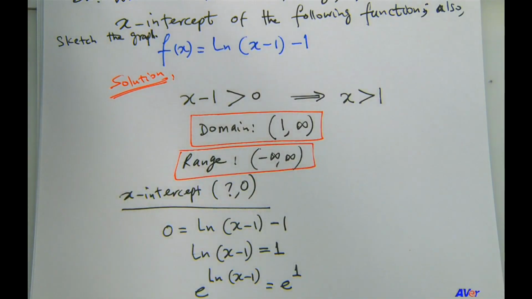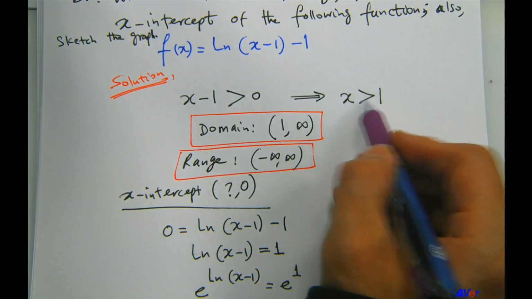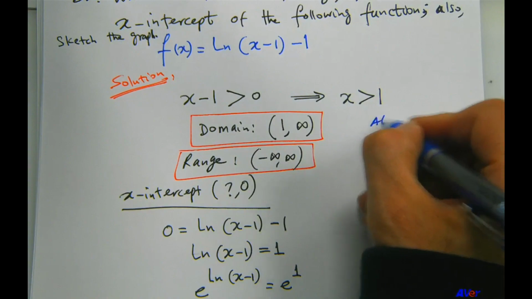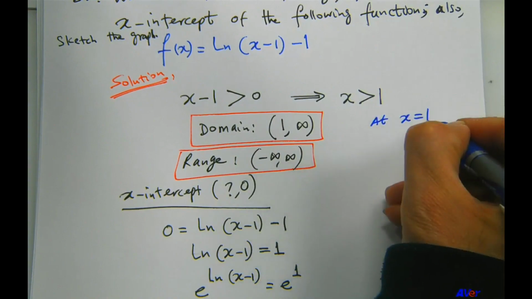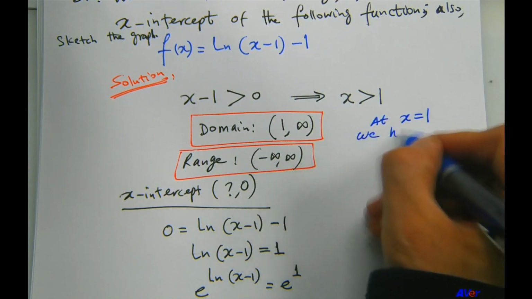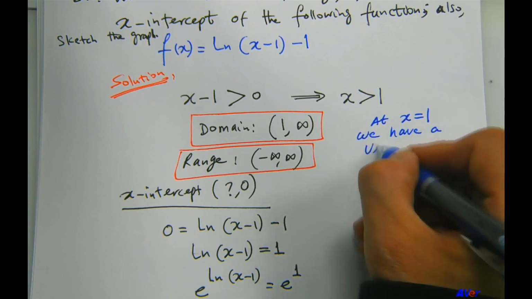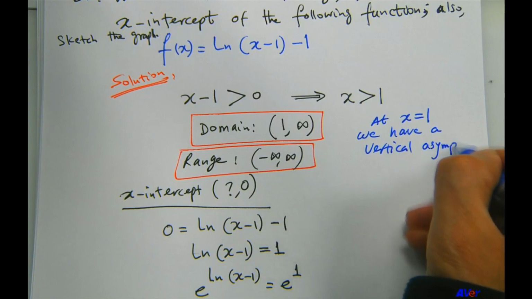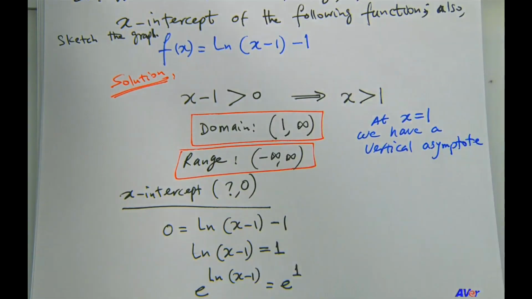Let me also add that at x equals 1, we have a vertical asymptote. Okay, like that.